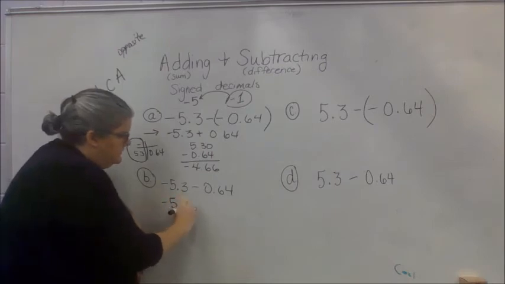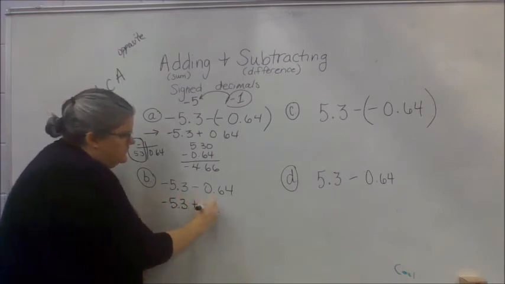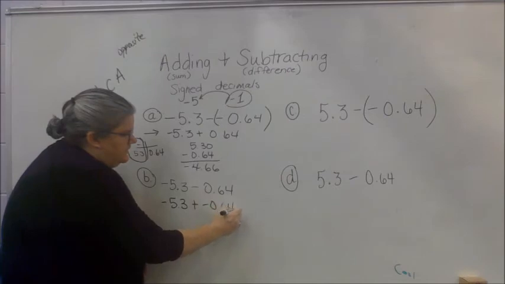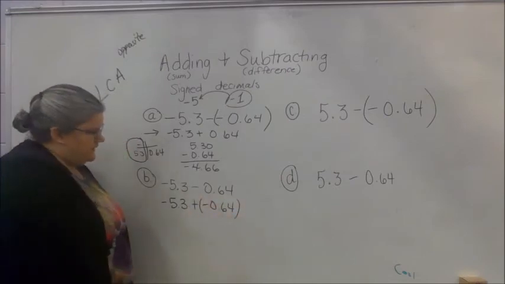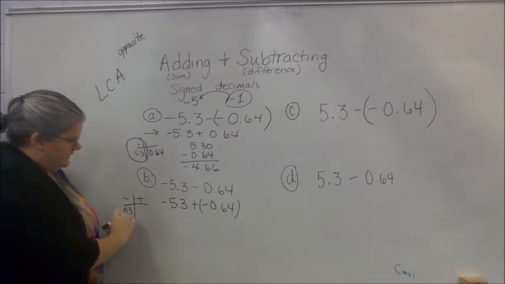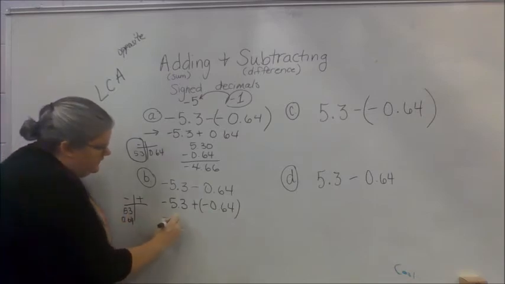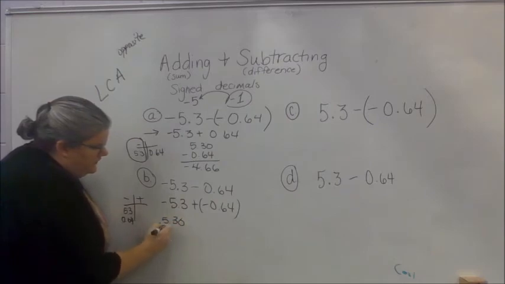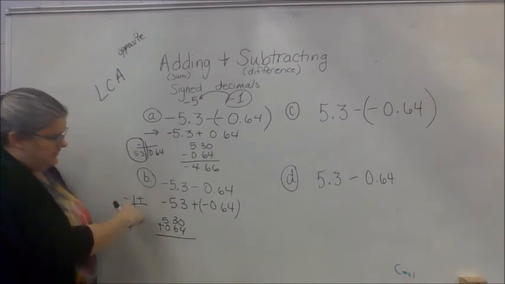So let's change this guy right here. Leave, change, additive inverse. I'm going to go ahead and put those parentheses around that second number. Let's go ahead and use our t-chart, negative, positive, 5 3/10, and then 64/100. So I'm going to be doing 5.30 plus 0.64 because they ended up in the same column.